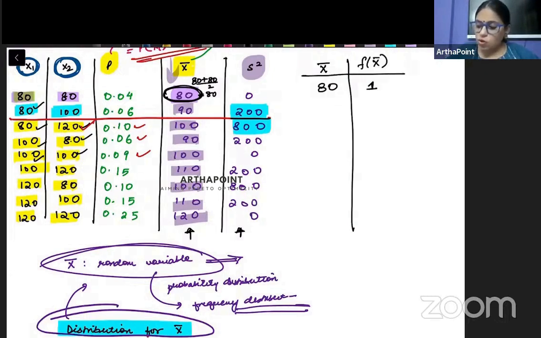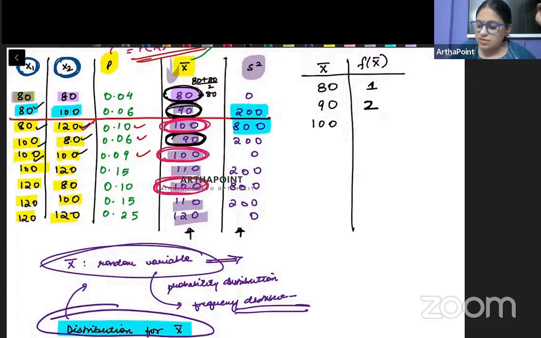Now let us focus on the mean value being 90. So where all do you see the mean value being 90? Here I see that the mean value is 90. Here I see that the mean value is 90. So two places. So frequency will be 2. Now I focus on the mean value being 100. Where all do you see it? Here, here and here.